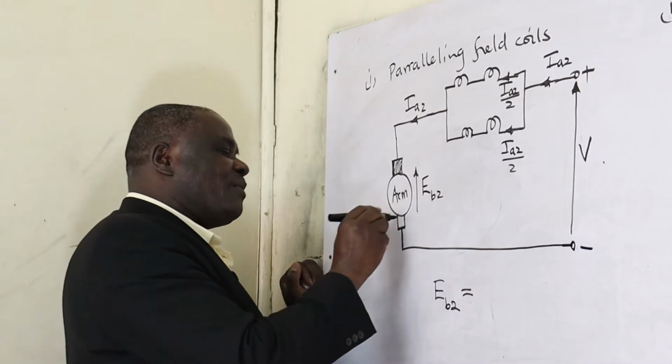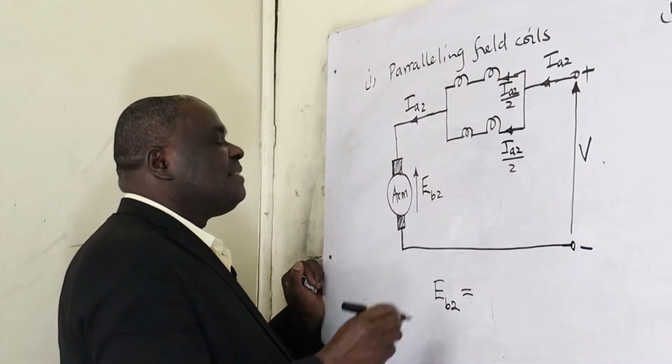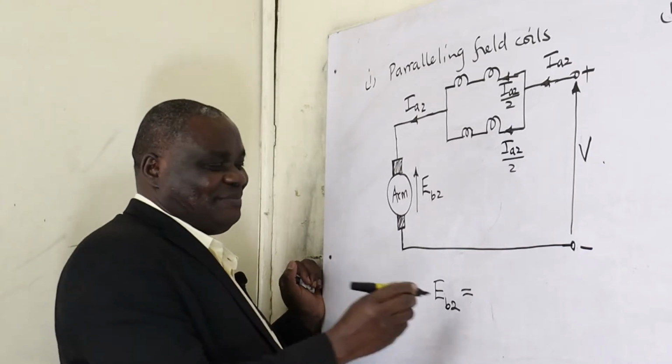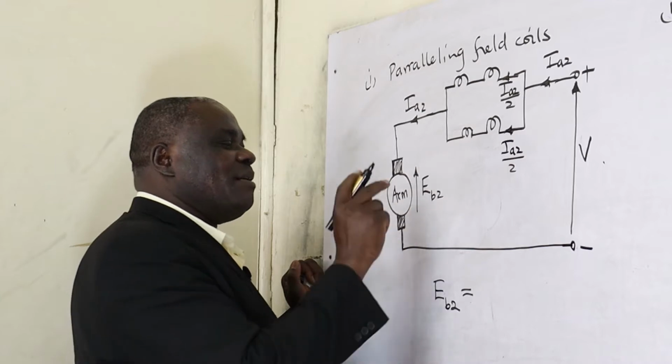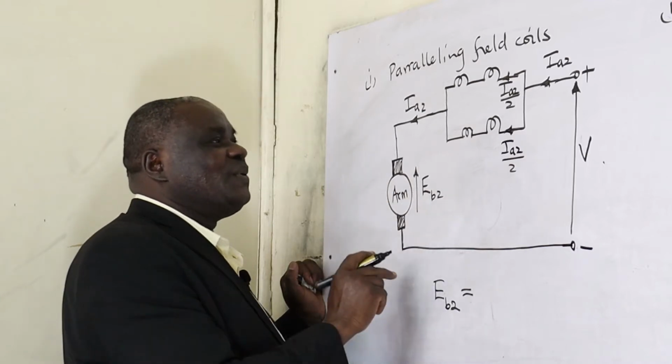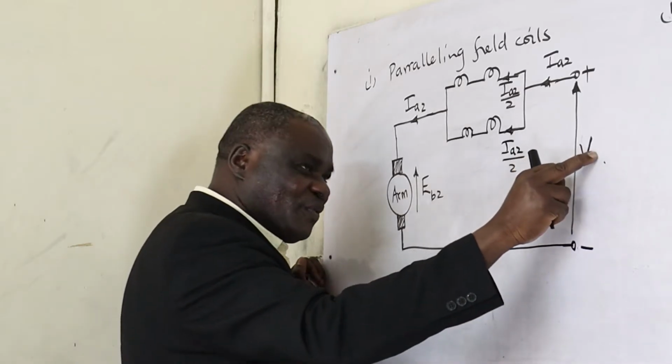a drop across the armature plus EB2 plus the drop across the coil should give us the input voltage.